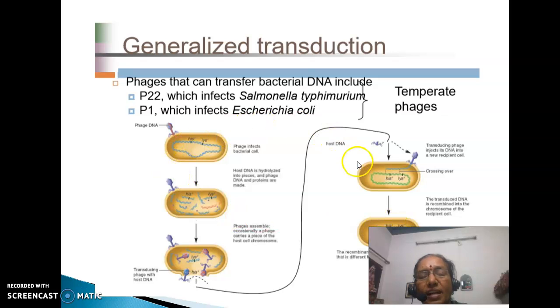So because of generalized transduction, we understand how a recipient which was his minus has become his plus. A phenotypic change is observed.